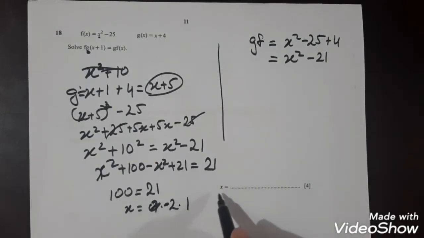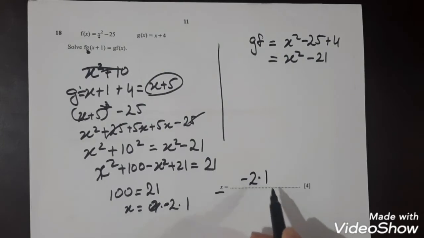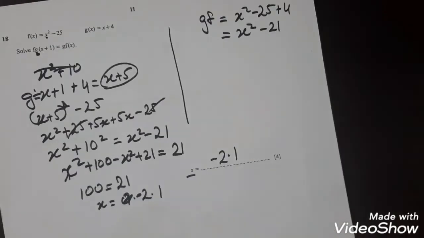Negative 2.1, so the value of x will be negative 2.1. So negative 2.1 will be the final answer for question 18.